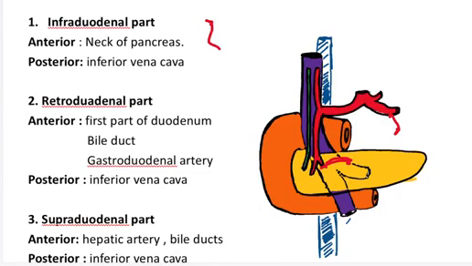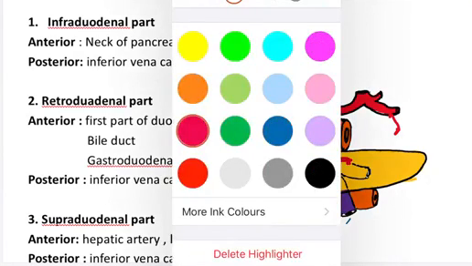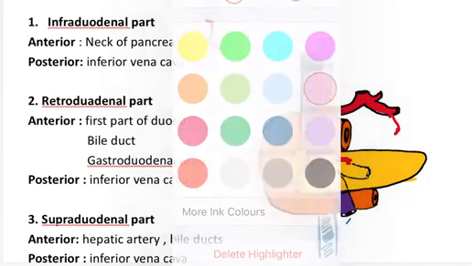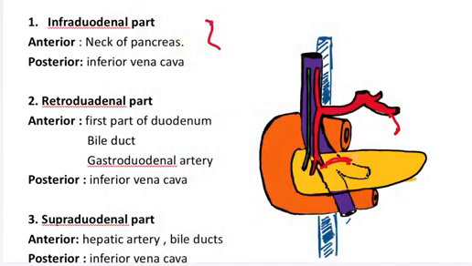I'm going to use a highlighter over here. So this is the infraduodenal part. It is related anteriorly; we have drawn this part with a dotted line. The dotted line, where I have not filled the color, means that it is lying behind the pancreas.